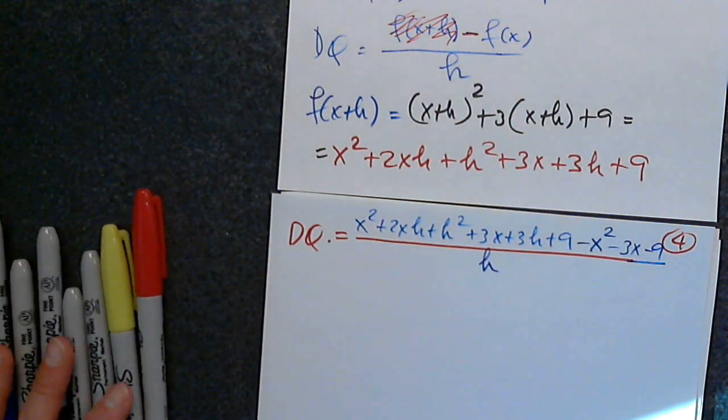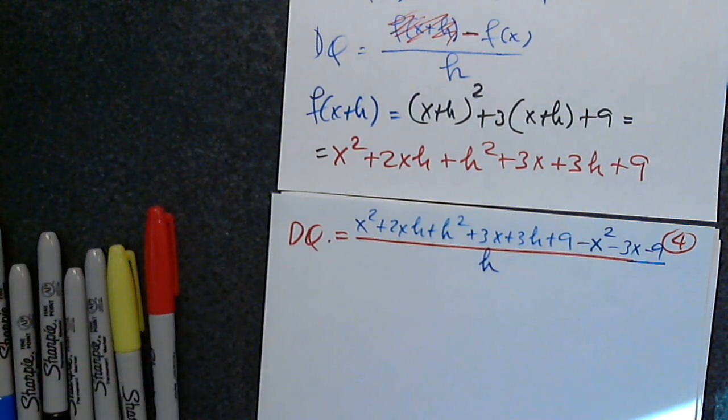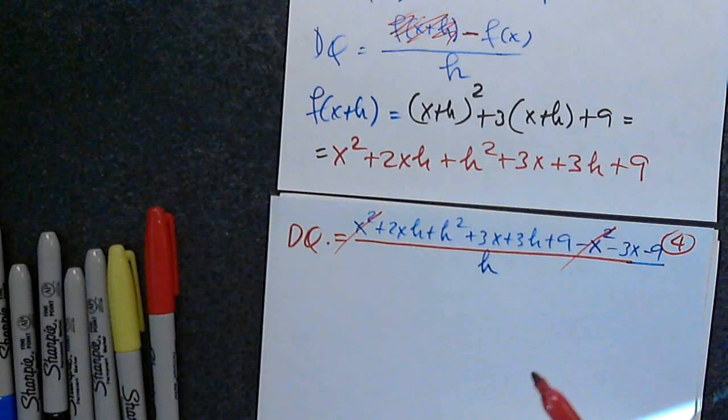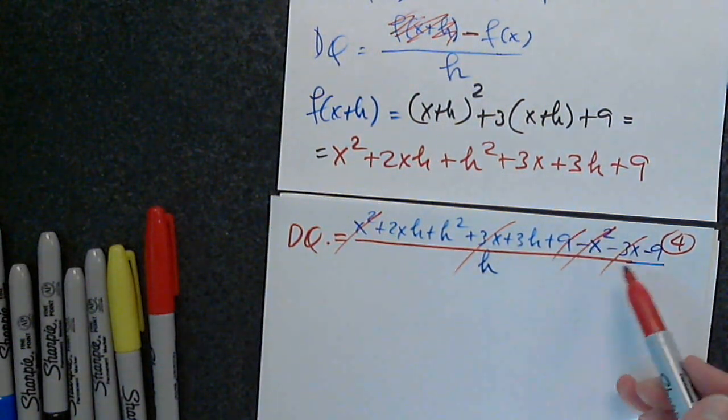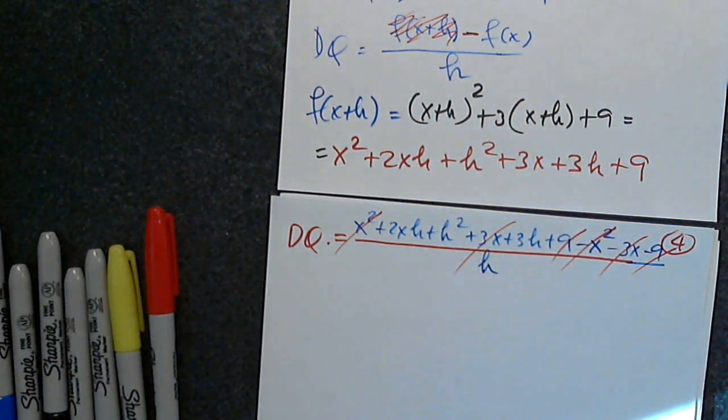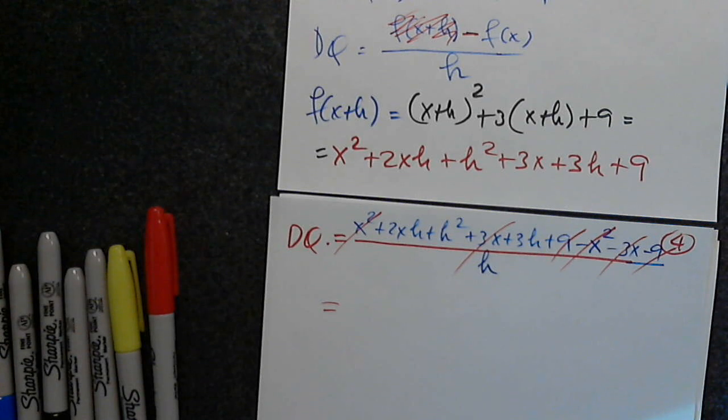So now we know that all terms that do not have h must go away. Otherwise, we have an error somewhere. Good. So x squared goes away. 3x goes away. 9 goes away. A positive with a negative each. How many terms are left at the top? What do they have in common?